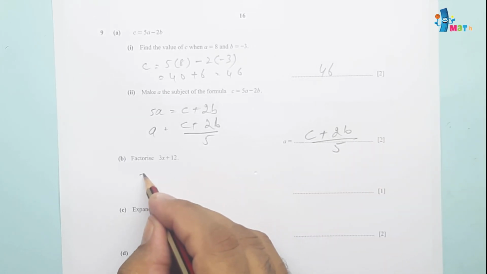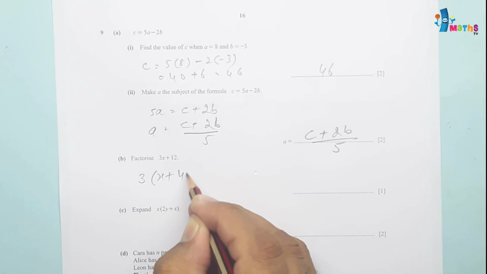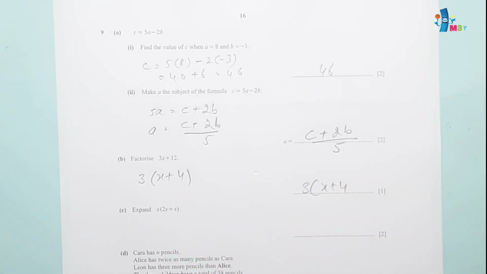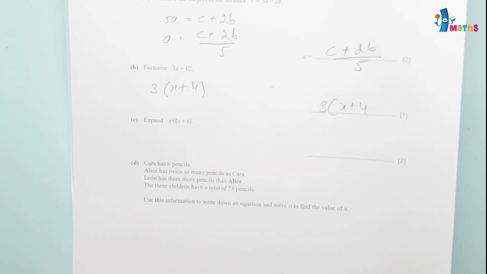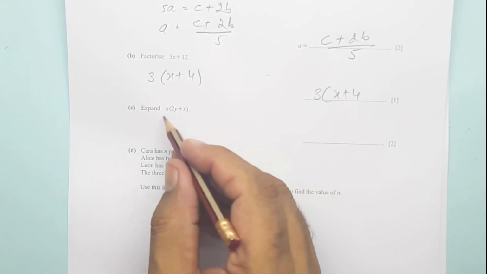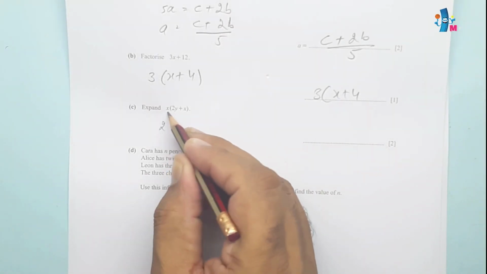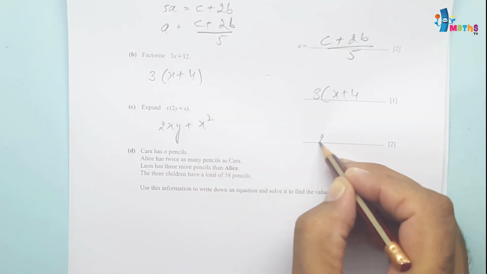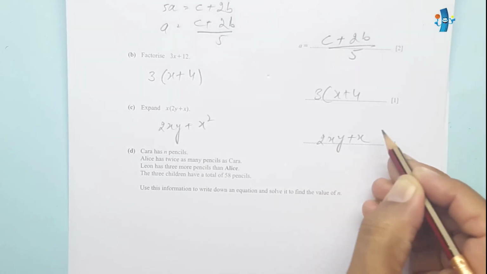Factorize, we'll have to take common. 3 will be common, so x plus 4 will be the answer. 3 into x plus 4. And next part c is we have to expand. Expansion of this one will multiply x inside, so 2xy plus x squared, 2xy plus x squared.